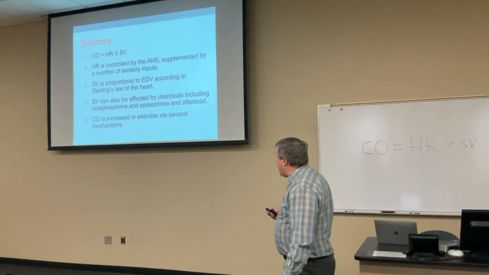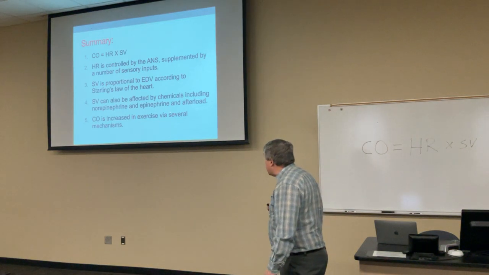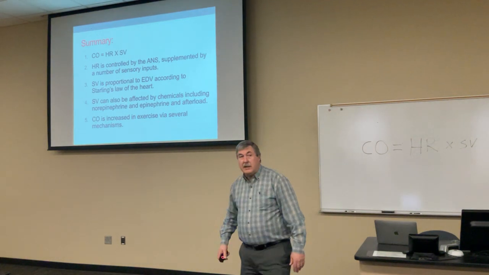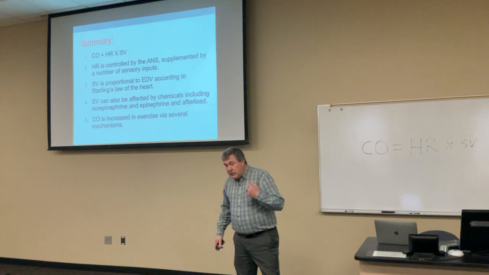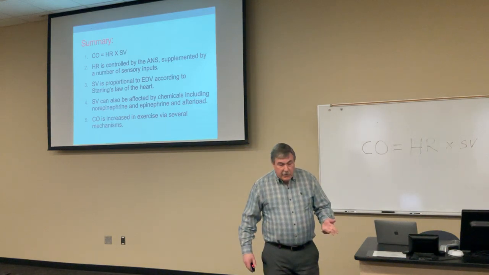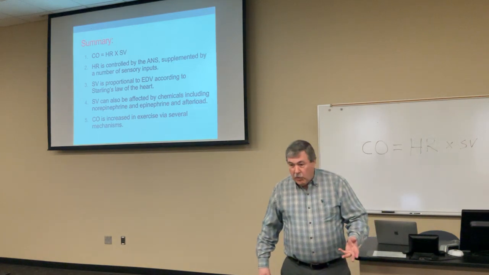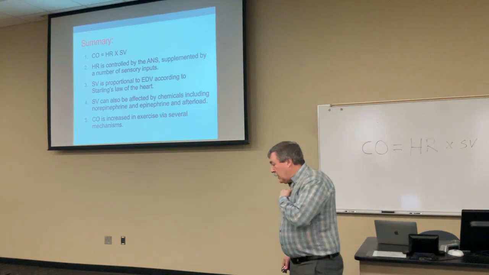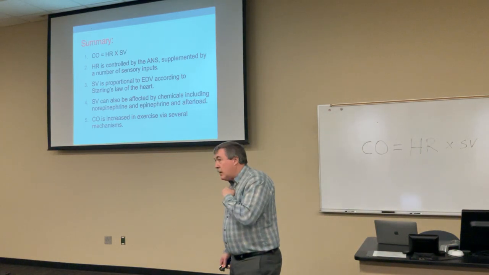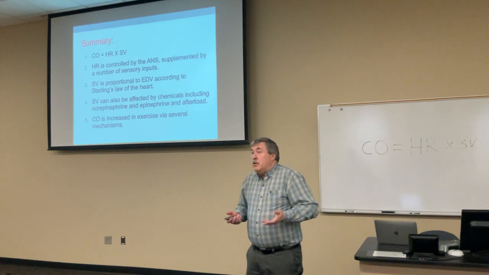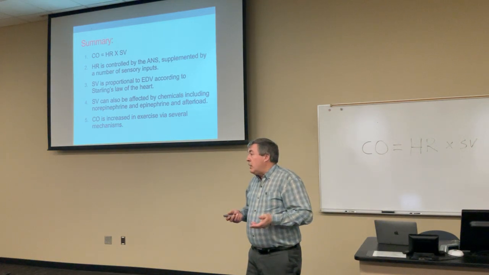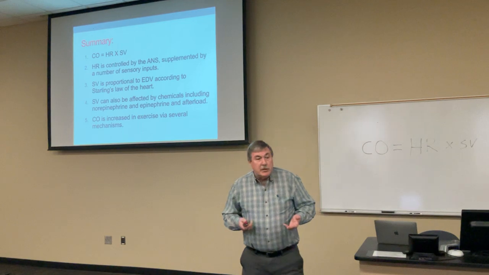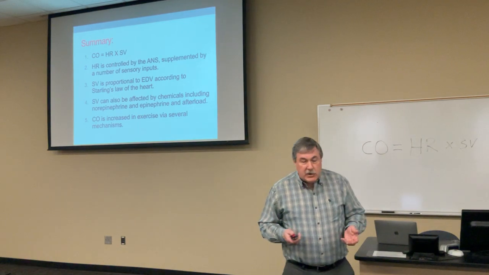And cardiac output is increased in exercise via several different mechanisms. Another mechanism I didn't even mention that plays a role in increasing cardiac output during exercise is this: when you exercise strenuously, usually you build up more CO2 in your blood. The CO2 is a byproduct of aerobic respiration.